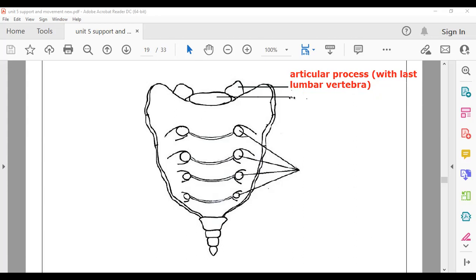And what is this? Articular surface for intervertebral disc. Okay. Then what are these holes?